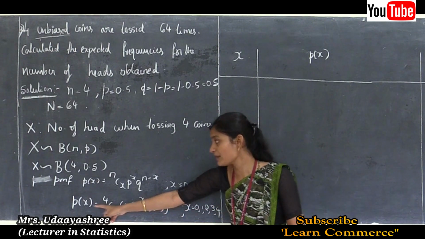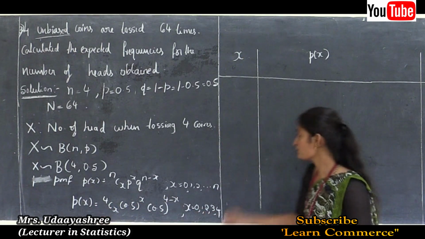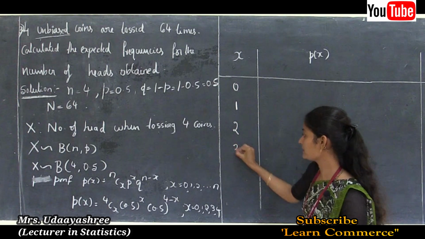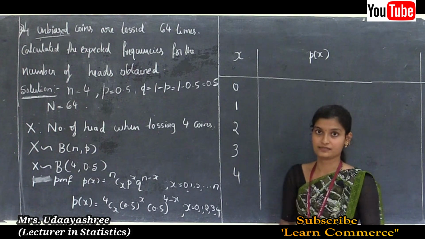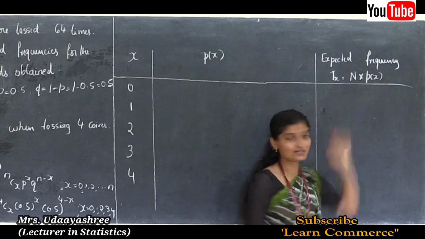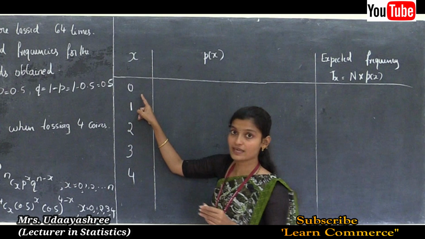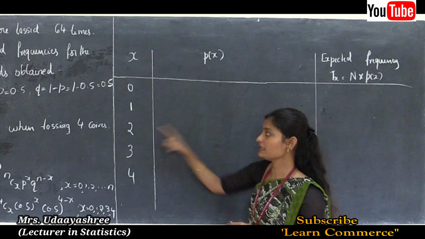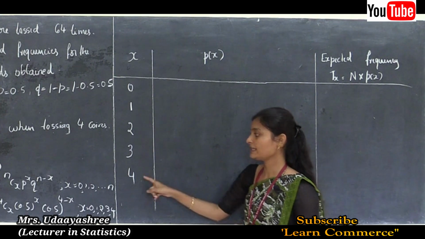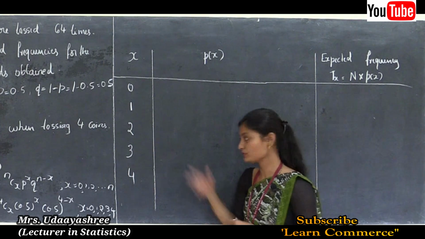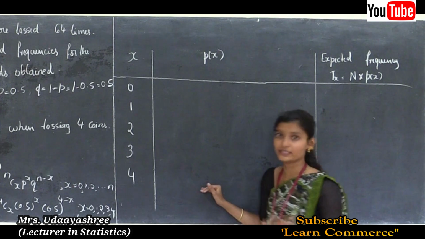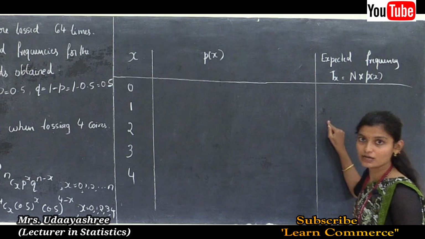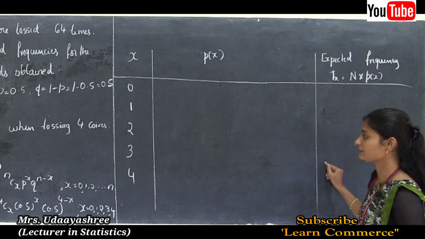Here the x observations are 0, 1, 2, 3 and 4, so we need P of 0, P of 1, P of 2, P of 3, P of 4. Using these probabilities, we can calculate the expected frequencies T of 0, T of 1, T of 2, T of 3 and T of 4.